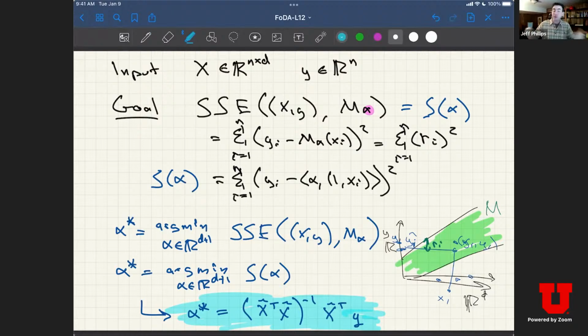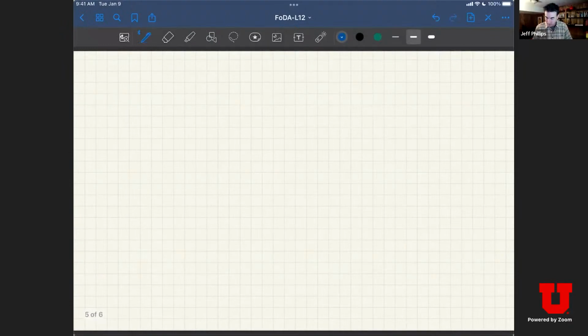You can memorize it. We'll explain it a bit more and you'll understand it better, but this is important. It's a very important solution, and it automatically gives you the solution which minimizes the sum of squared errors. All right, so let me write this down again on the next slide.